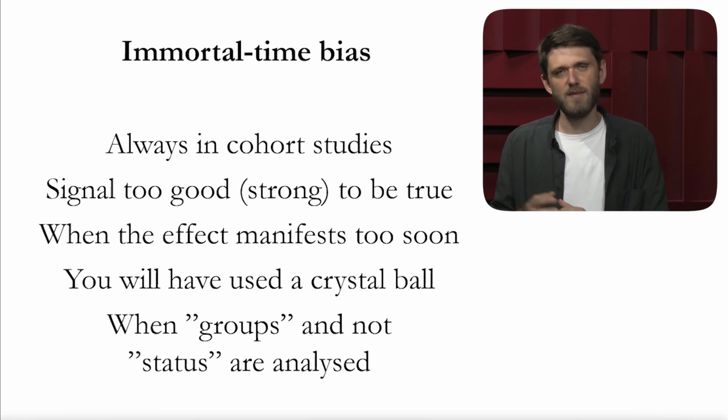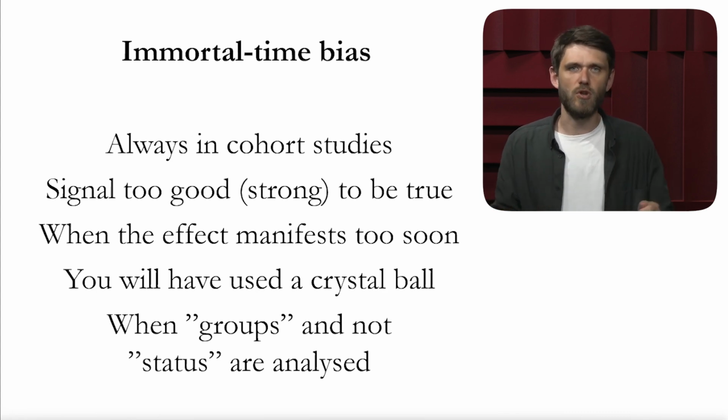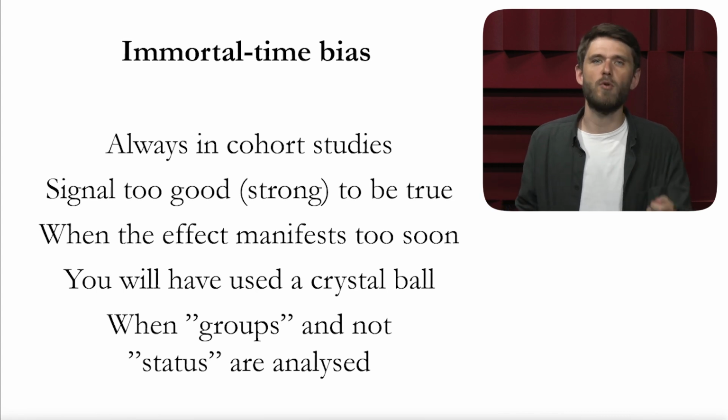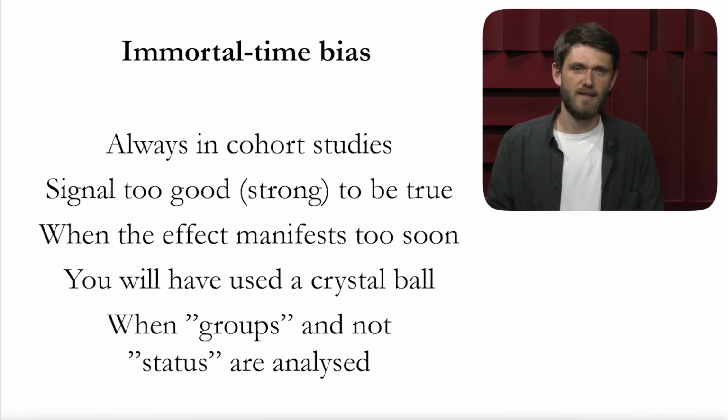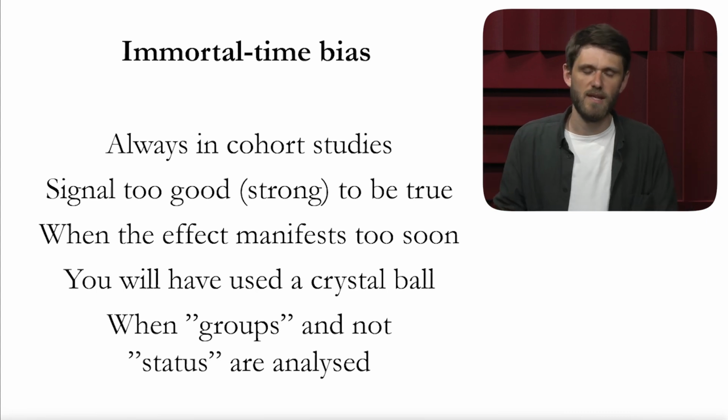And a typical marker is if someone analyzes groups, users versus non-users, instead of status, that is exposed time versus unexposed time, then there is an increased likelihood that someone has made this division based on future information. So immortal time bias, some of these are difficult to avoid. This one isn't if you conduct your study in a correct manner.